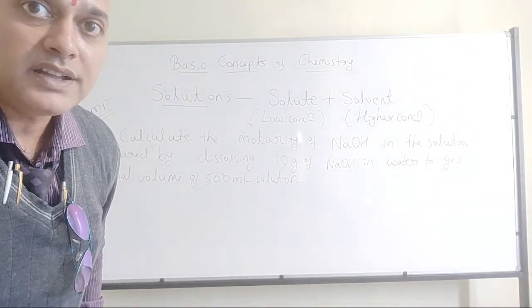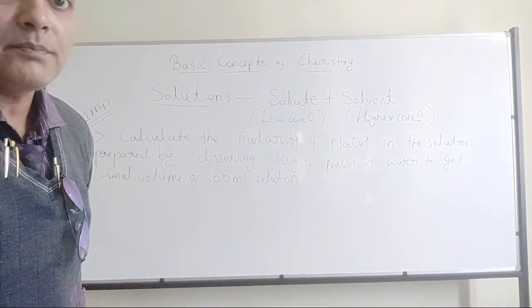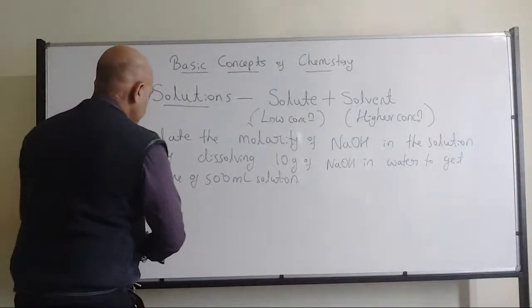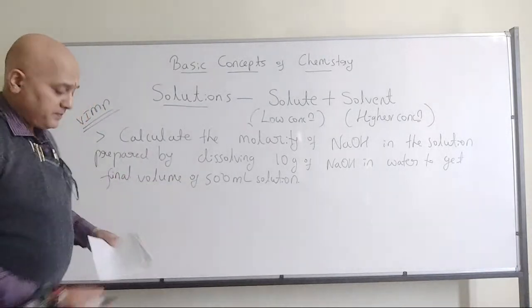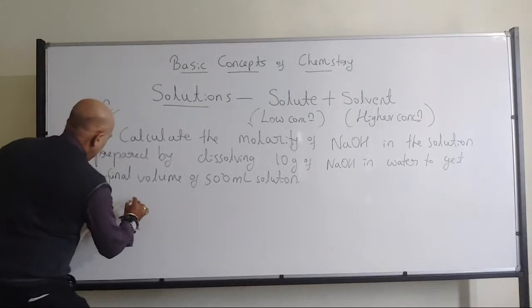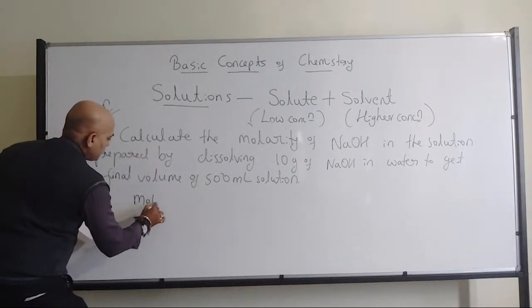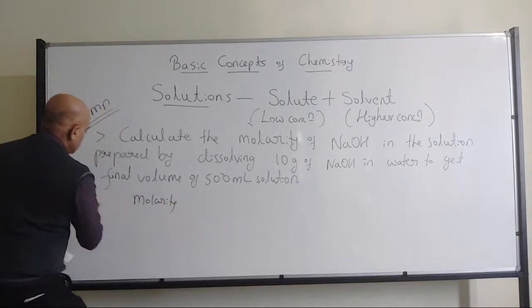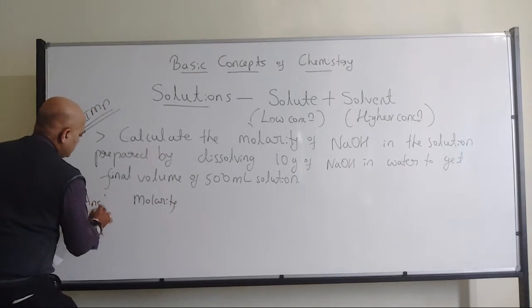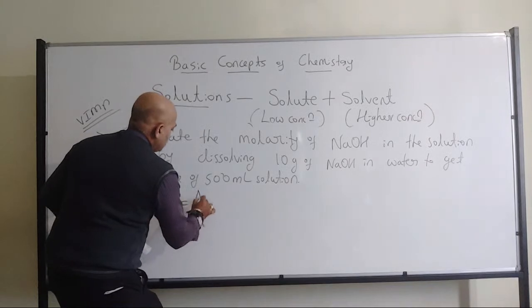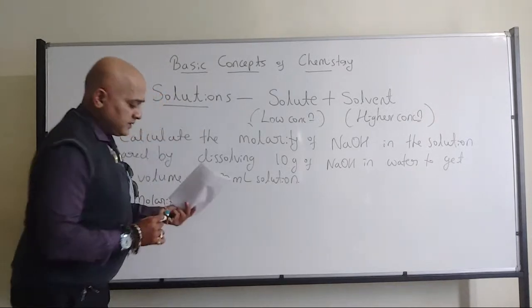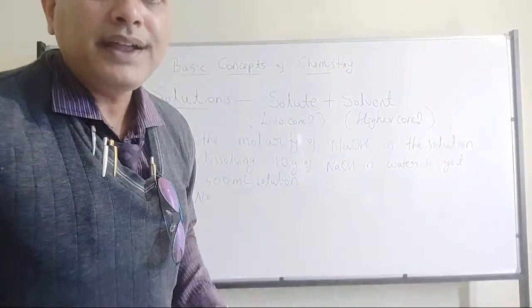All of you have written it as 0.8 molar, might be correct. Okay? So we will calculate. So it is 500 ml. Molarity is equal to, okay, you people are getting how much? 0.8.